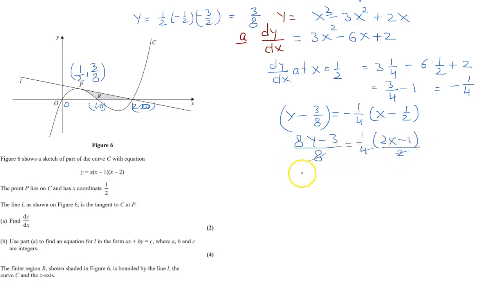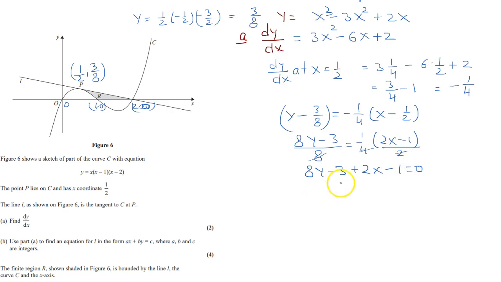This 4 times 2 is 8 and 8 cancel. 8y minus 3, this is minus 2x, so it will be plus 2x plus 1, minus and minus plus 1, so minus 1 is equal to 0.